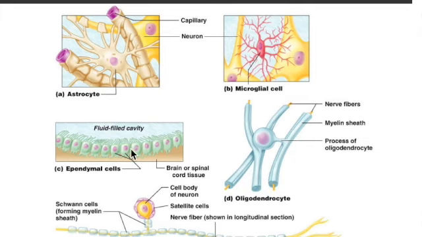And then we also have ependymal cells and also oligodendrocytes, and these are other kinds of cells that provide electrical insulation for the axons in the neurons themselves.